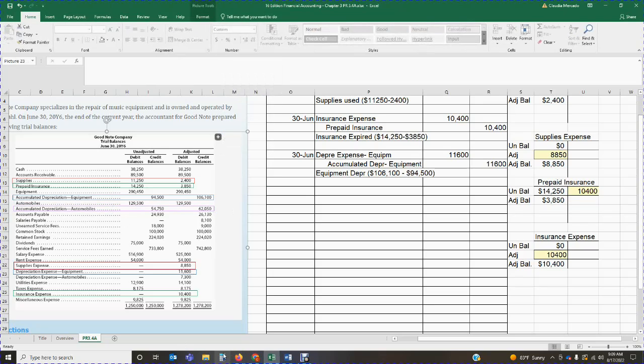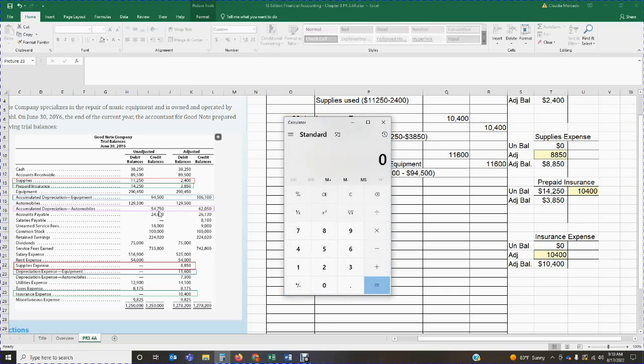We started with a credit balance of 54,750, and now I have 62,050. How do I jump from 54 to 62? I have to credit my account by $7,300.